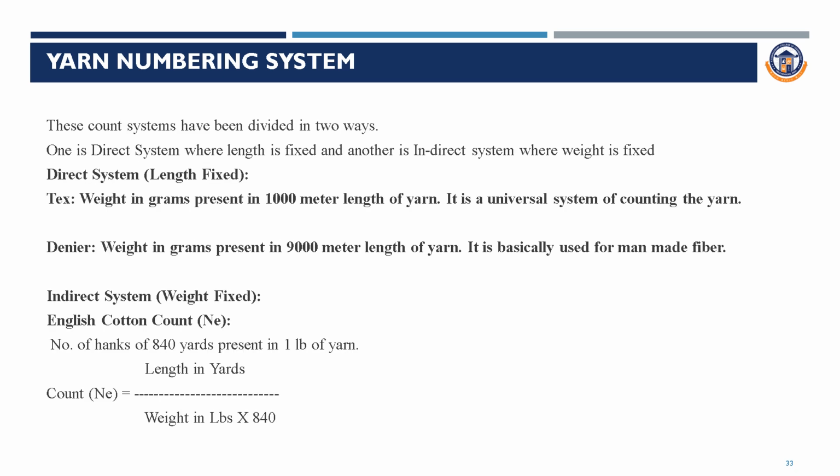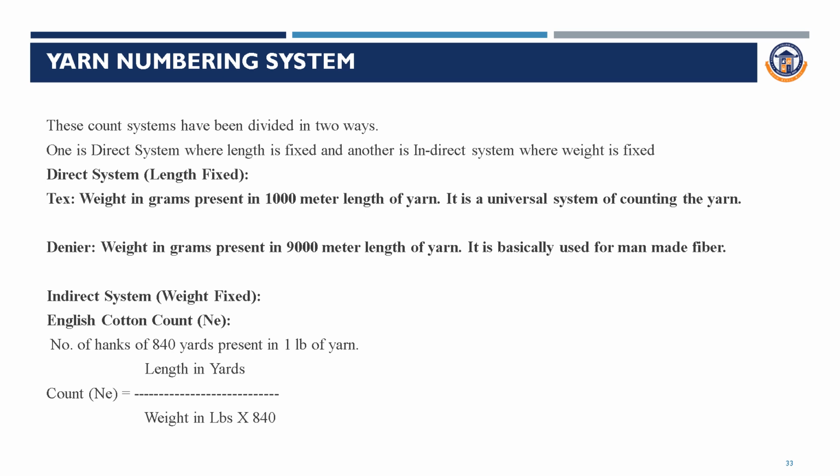Before going into the yarn numbering system, we must know its classification: direct system and indirect system. The indirect system includes the English system, French, metric, and worsted count. The direct system is classified into tex and denier.